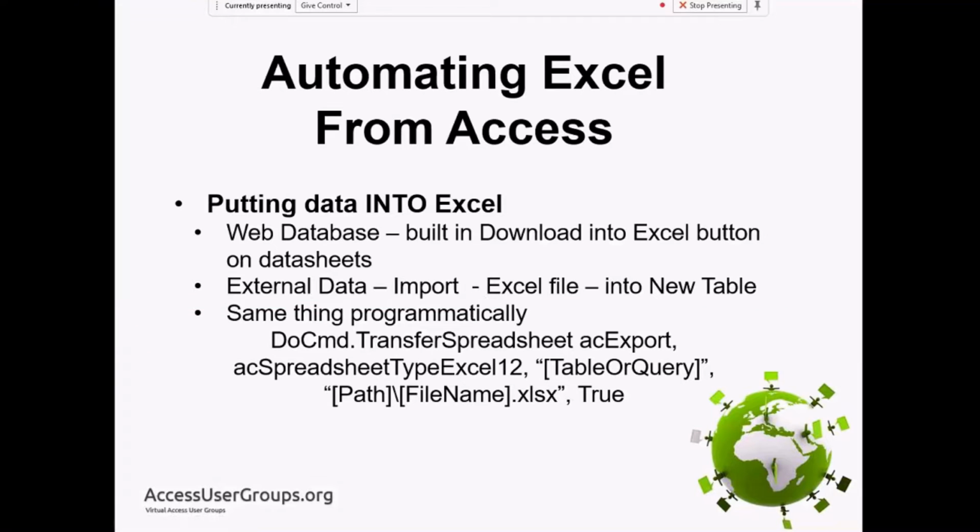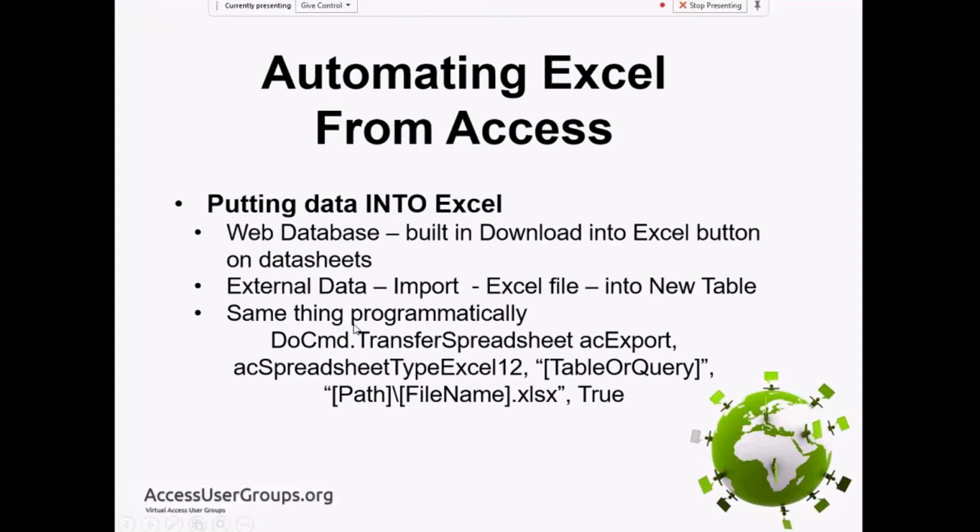Programmatically from VBA, you would use the same command, DoCmd.TransferSpreadsheet. This time it's acExport, and I show an example of type Excel 12. The name of the table or query in this case is possible, and the full path name, and true if you want the column headers to also be shown in your spreadsheet.